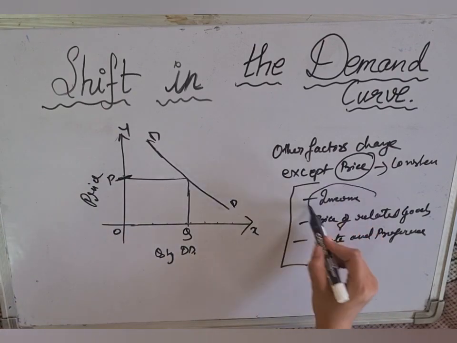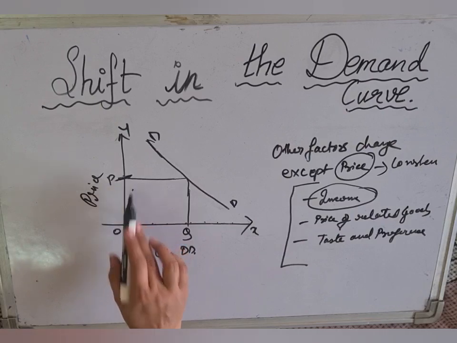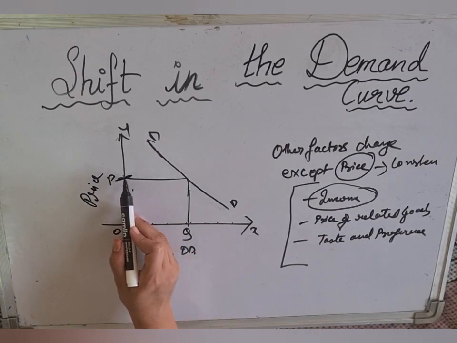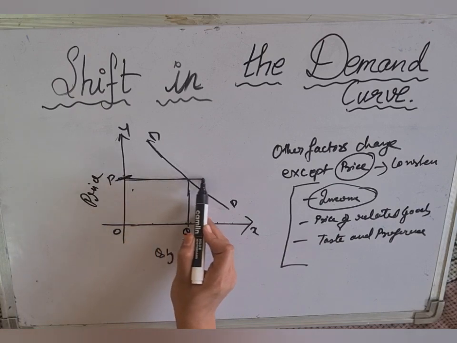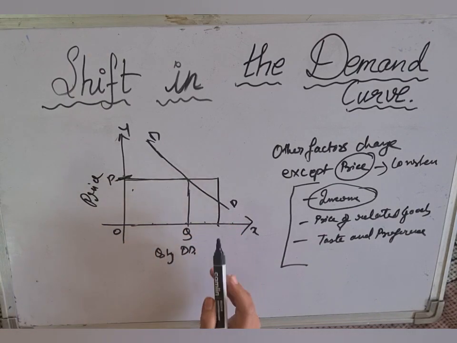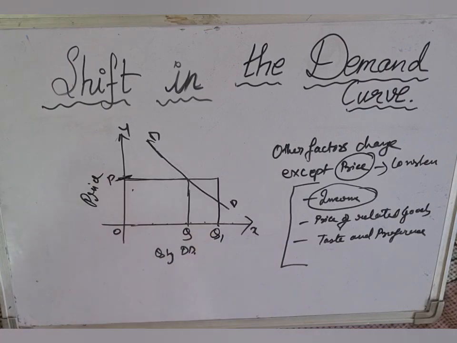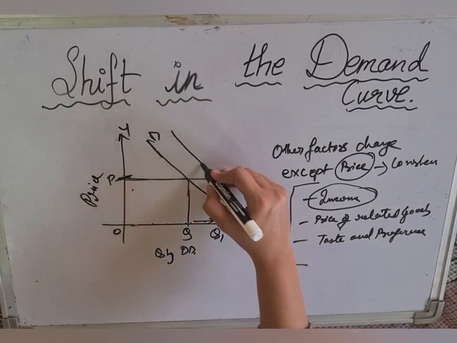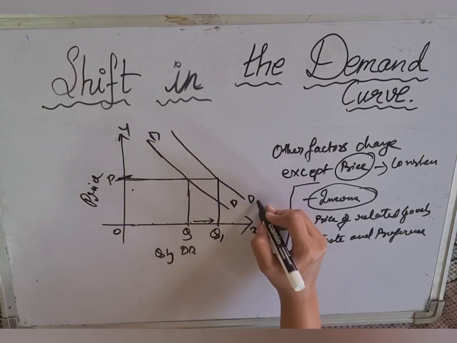Consider income. At a certain price, if your income increases, what will happen? You will buy more. At a given price, if the income increases, you will buy more. You will buy Q1 of the commodity. This much quantity will increase. So you will get a new demand curve here. This is D1.